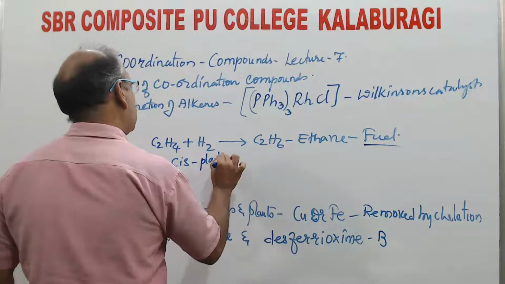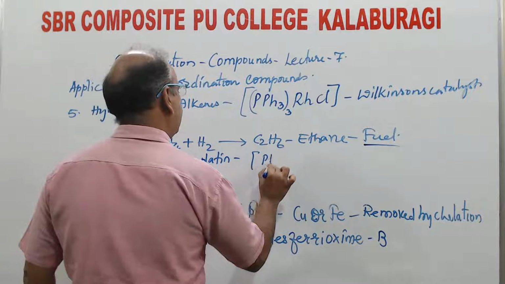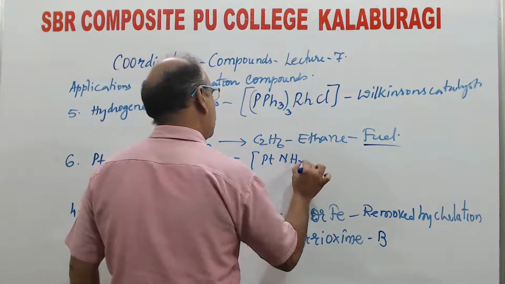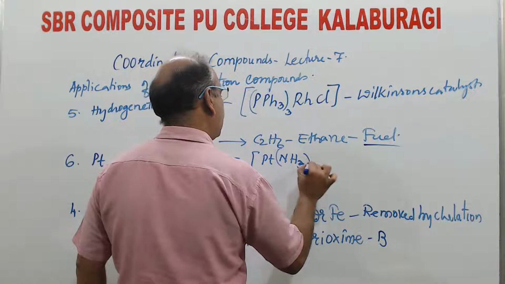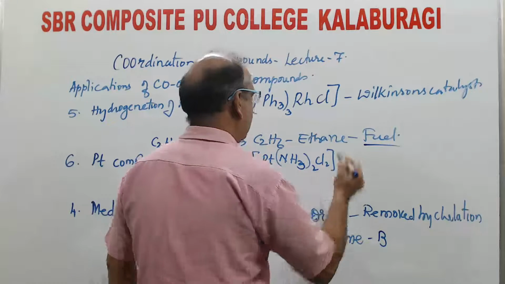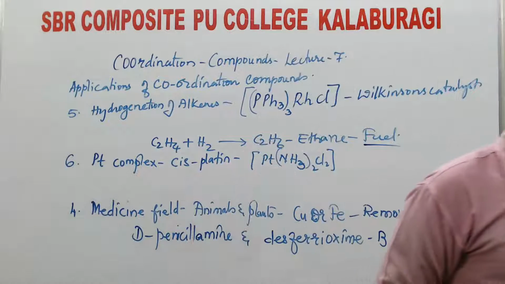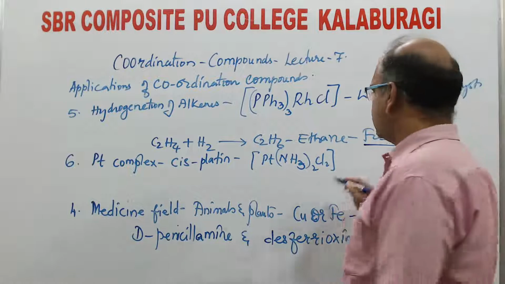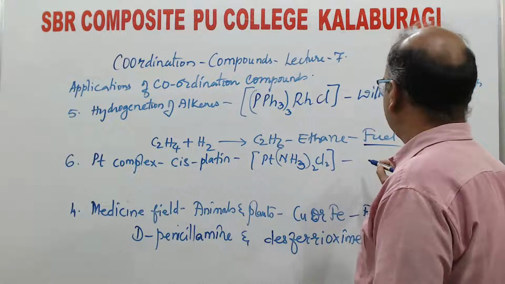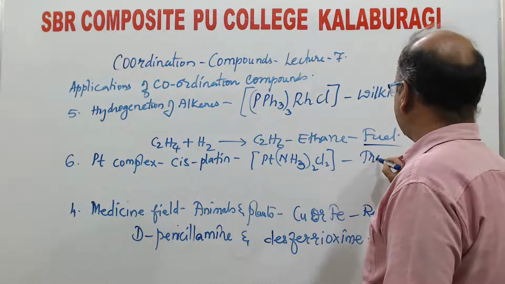Cisplatin is Pt(NH3)2Cl2. This is used in the treatment of cancer.